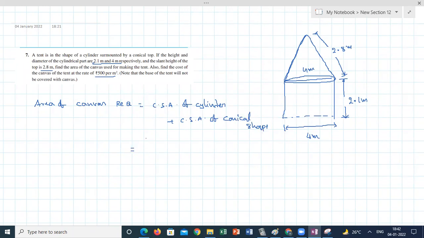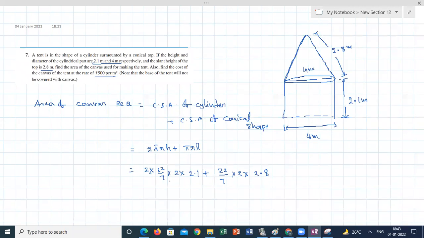The curved surface area of the cylinder is 2 pi r h, plus pi r l for the cone. So r is 2 meter. So 2 into 22 by 7 into 2 into the height 2.1 meter, plus 22 by 7 into the radius 2 and slant height 2.8.